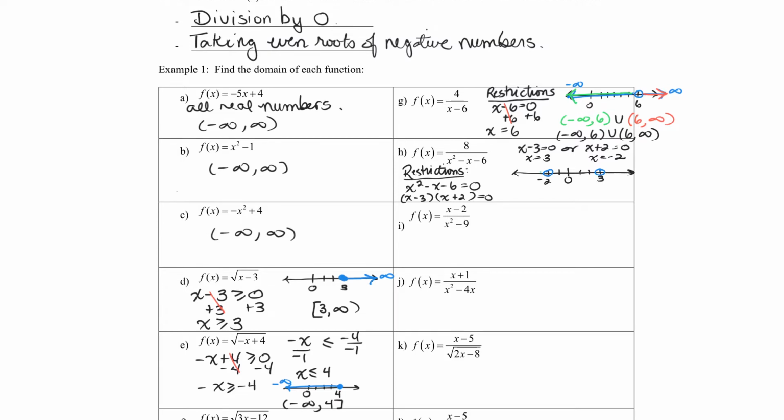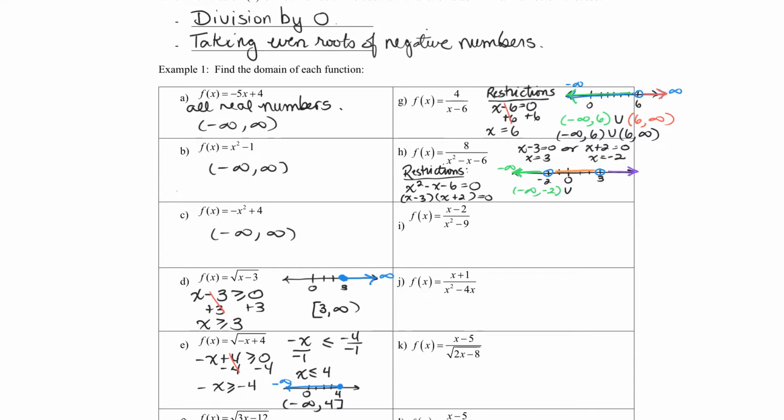So then I've got a piece that is going to be on this left-hand side of negative 2. There's going to be this interval between negative 2 and 3. And then I'm going to have this interval to the right of 3. And so this piece on the left of negative 2 is going to be from negative infinity to negative 2, not including the negative 2.